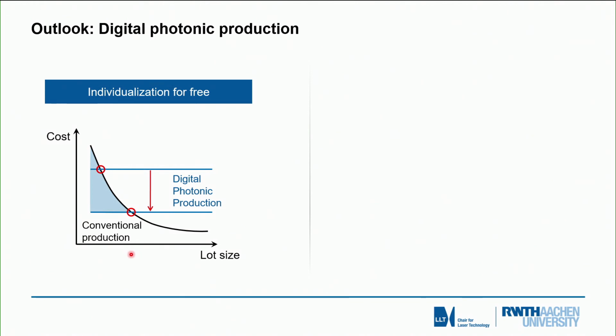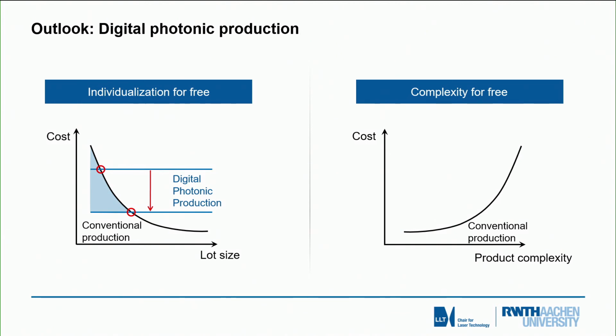The next advantage, of course, is the complexity, which is for free. You have seen that in the demonstration parts quite clearly, I hope. So usually in conventional manufacturing, again, the cost of a part increases with product complexity. And as you've seen, not so in digital photonic production, in additive manufacturing, but also in other laser applications like laser ablation, drilling, or even cutting, where we have no dependence on the complexity because we have no tools.